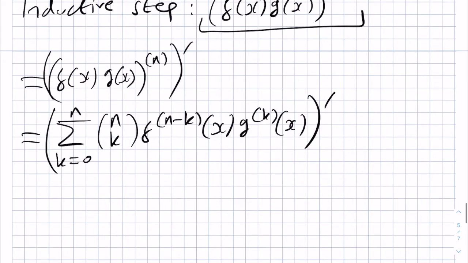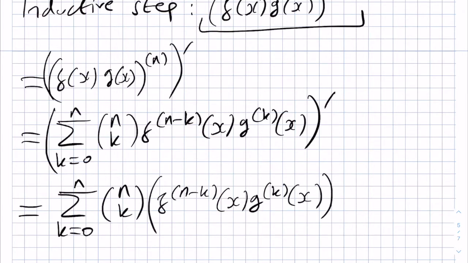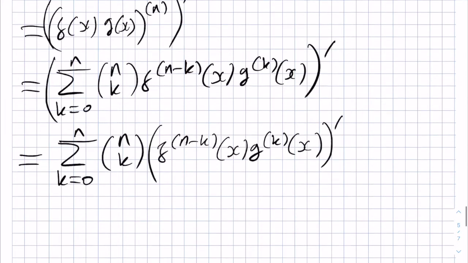So in this case, this will give us the sum from k equals 0 up to n with the binomial coefficient n choose k, and then we have our f n minus k x with g k x, and then all of this is differentiated once. So then we can use the normal product rule to perform this differentiation.